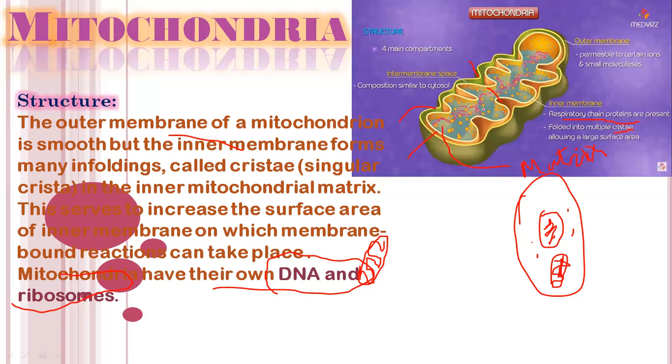And here the yellowish ones are ribosomes. These ribosomes also do protein synthesis for the mitochondria, because while doing respiration, mitochondria also need some energy in the form of ATP. So mitochondria do protein synthesis also, because they need enzymes to perform the function. Enzymes are also proteins.